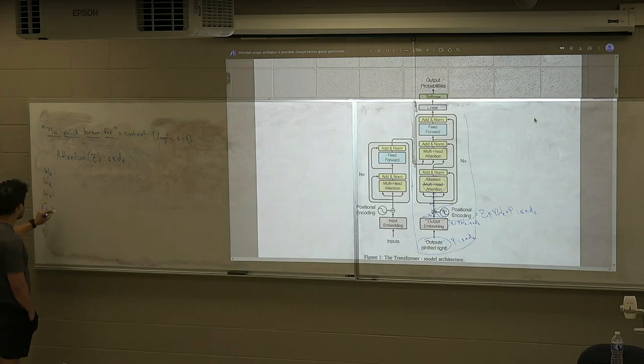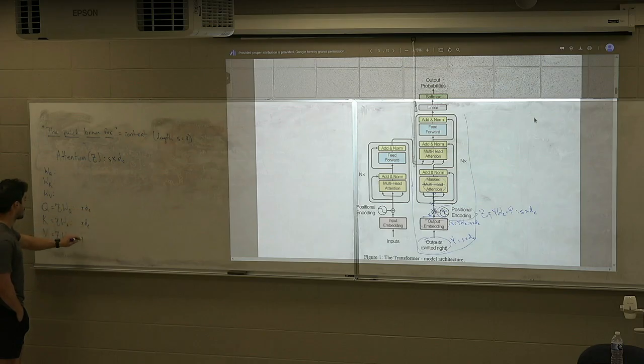They're going to be Z times WQ, Z times WK, and Z times WV. And again, these are large matrices because they're W's. Now, let's see. This will have shape S by, I think, DE. That's not correct. It's going to have a new thing here. It's all in the same shape.